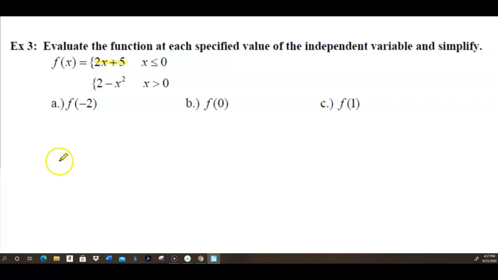We use that piece when x is less than or equal to 0. The second piece is 2 subtract x squared, and we use that piece when x is greater than 0. So looking at example 3a, you'll notice that f of -2 is going to go into the first piece because -2 is less than or equal to 0.